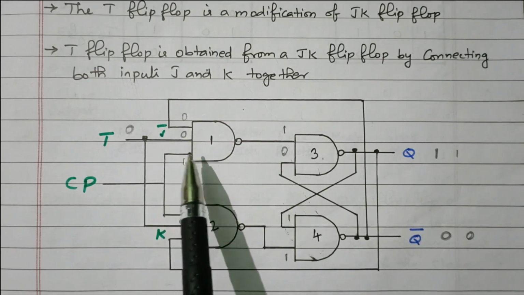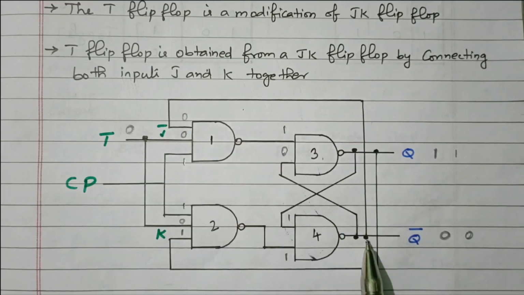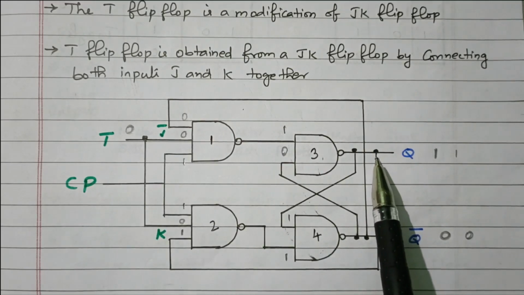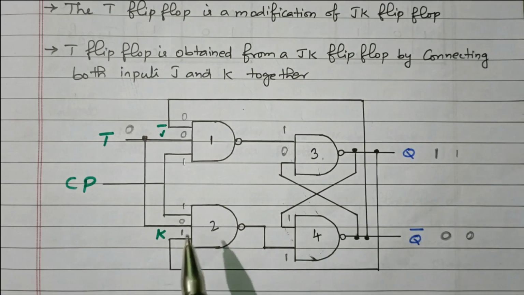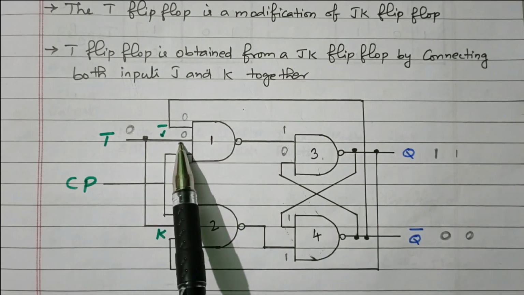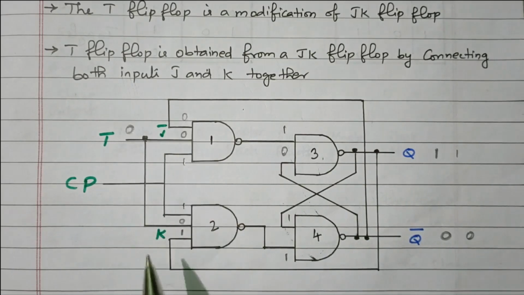And one more input for NAND gate 1 is from the Q bar. Q bar is also one of the inputs. For the second NAND gate it is the Q. So the first NAND gate got T input as J, clock pulse and Q bar.